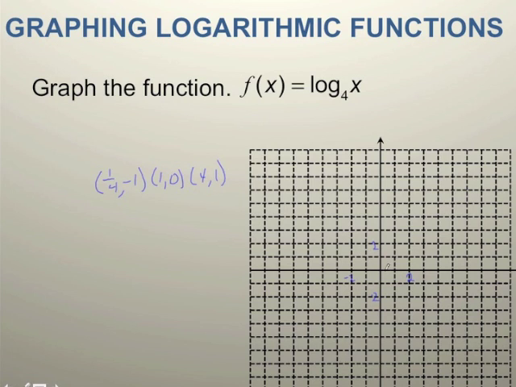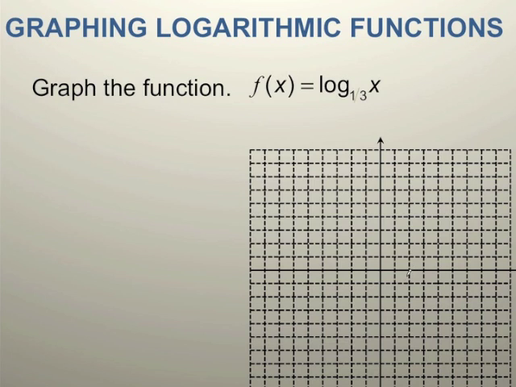Graph those 3 points: (1/4, -1), (1, 0), and (4, 1). It would also be (2, 8) if you want to go out farther, or (8, 2) if you want to go out farther. I didn't say to find the domain and range, but the domain would be the positive numbers from 0 to infinity, and the range will be all real numbers.